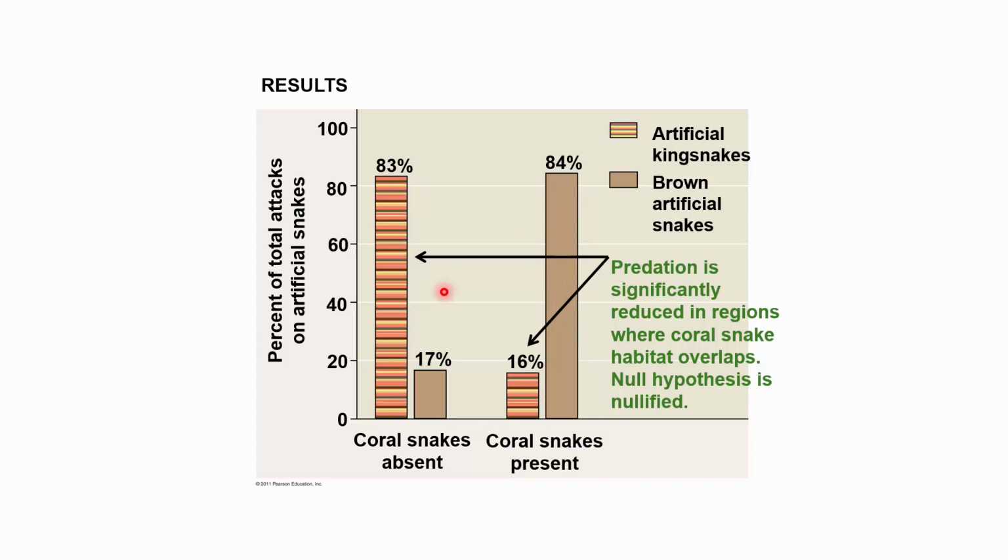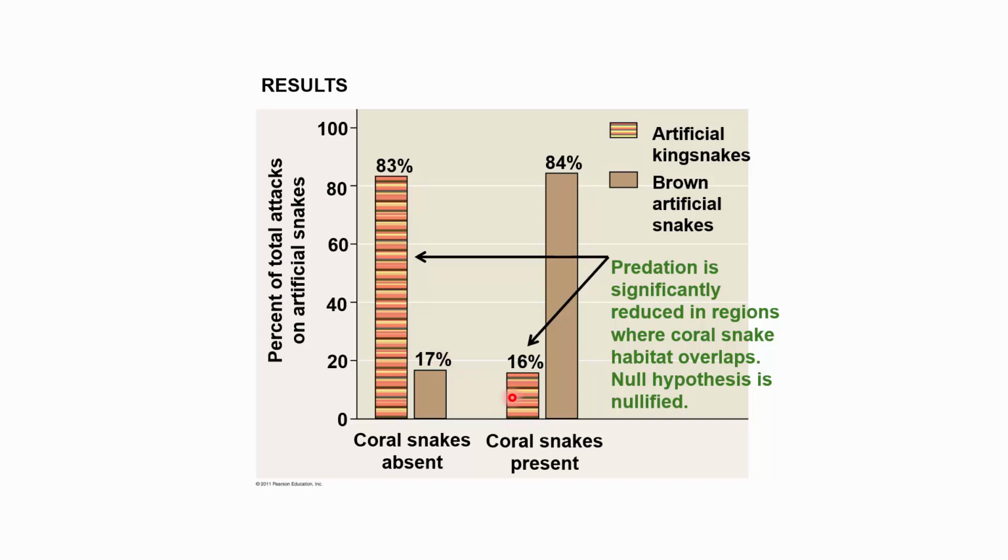Excuse me, I shouldn't say this. I think I said that this is of the snakes. This is 83% of the attacks. So the two of these columns are 100% of attacks. Now, of all the attacks, 84% of them were brown snakes, and only 16% were the artificial striped snakes.